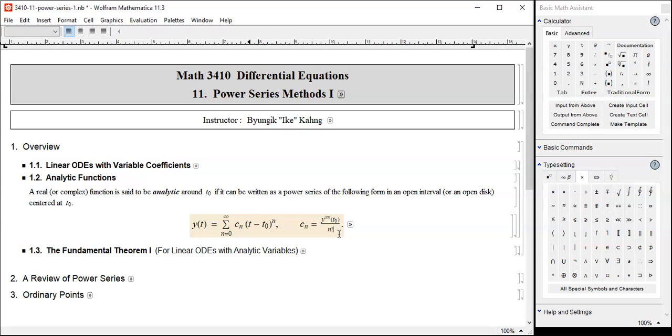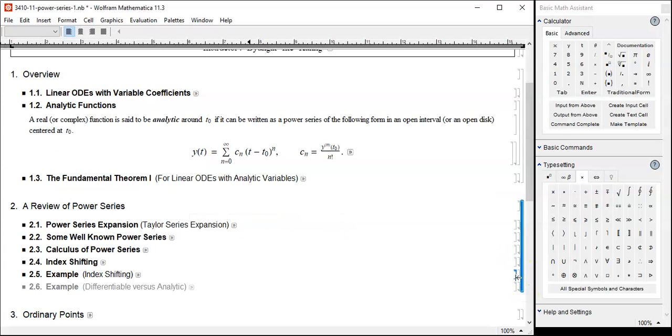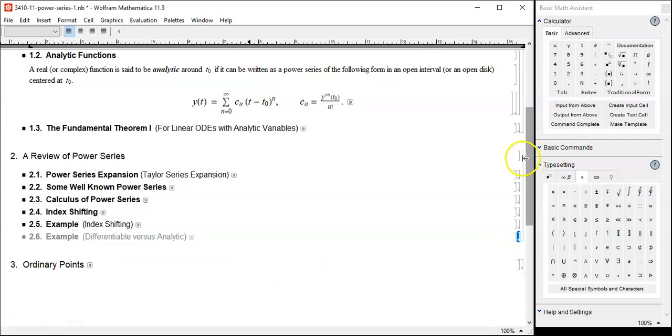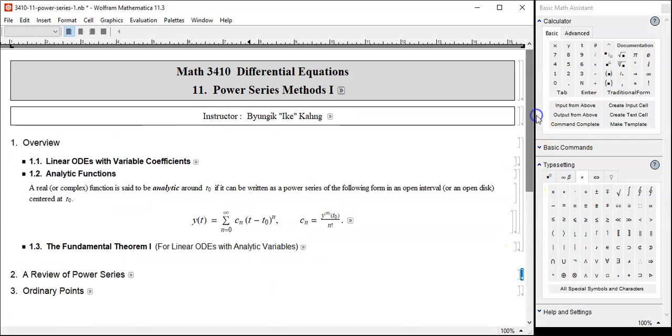No, not the same level. As you saw in the previous example, differentiable infinitely many times is not as strong as analytic, because we saw a counterexample. There is an example of a function which is differentiable infinitely many times, but it's not analytic. It does not have a valid power series expansion.